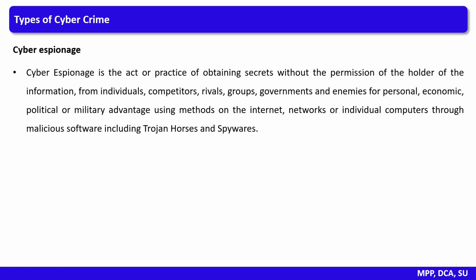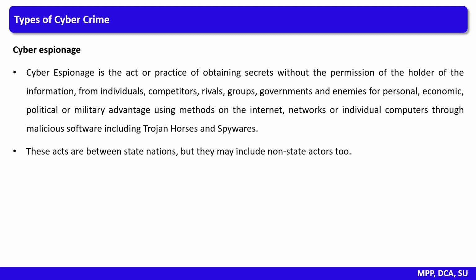By holder of the information, we mean individuals, competitors, rivals, groups, governmental agencies, and enemies for personal, economical, political, or military advantage using methods that are there on the internet, networks, or individual computers through malicious software programs such as Trojan horse and spywares. Cyber espionage can be performed either using state actors or non-state actors.